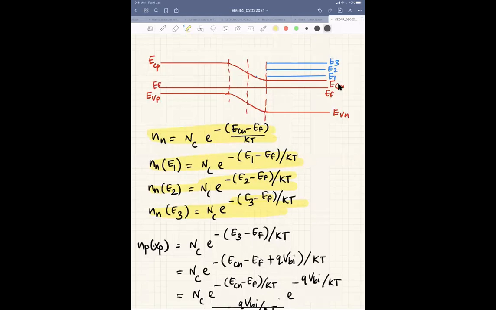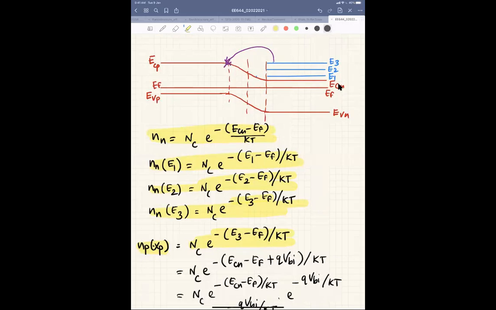Also, I made this statement, right? The electrons at E3 could be found at the edge of this depletion region because they could interact, because Ecp and E3 are at the same energy level, right? So these electrons could be injected. So if I find this np, I could write this statement also: the n in the p side at minus xp, that is the edge of the depletion region, is equal to the probability of finding the electrons at E3, right?